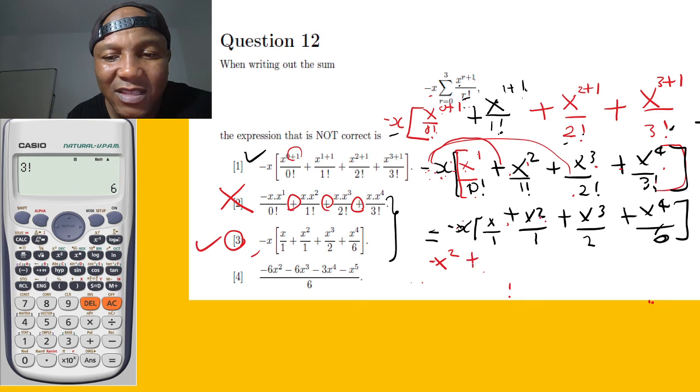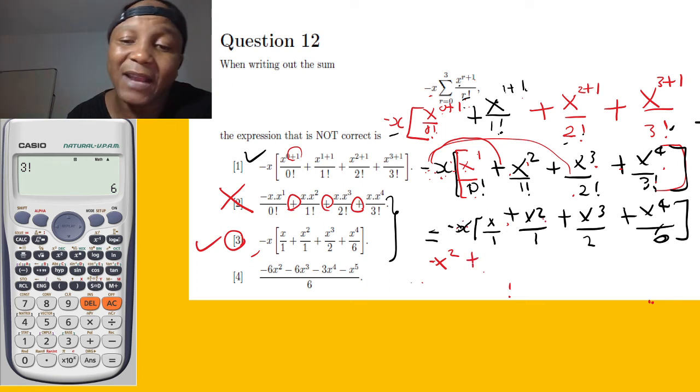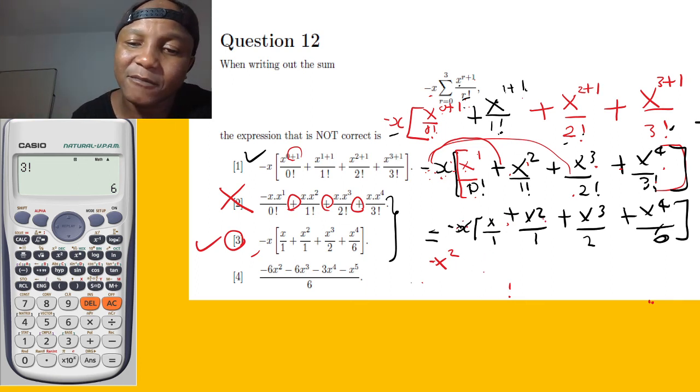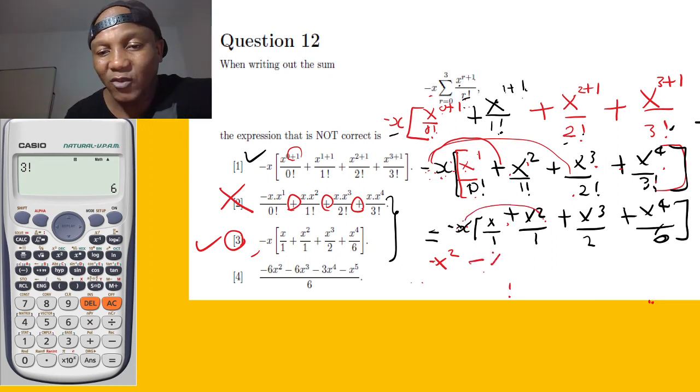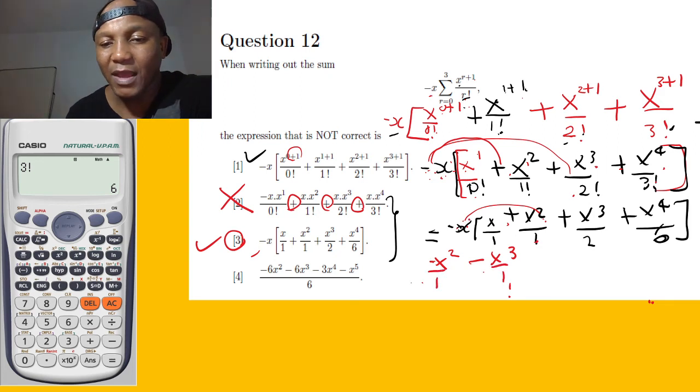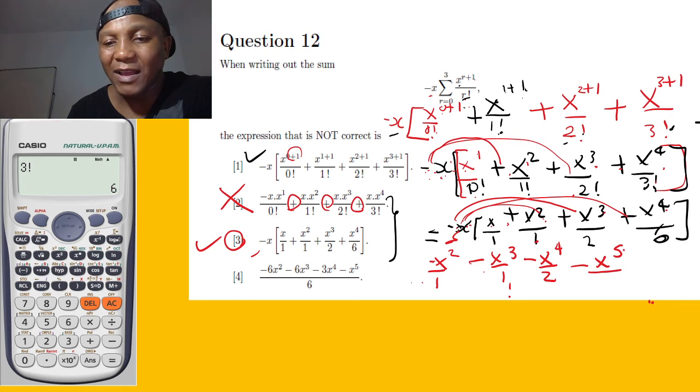This x is going to be negative. Excuse me, sorry, this must be negative. Negative x times x squared is going to be x cubed, but over 1, just over 1, and this is over 1. Okay, negative x times this is going to be negative x, 1x and now 3 is going to be 4 over 2. Now this and this is going to be minus x, and x power 4 is going to be x power 5 over 6.